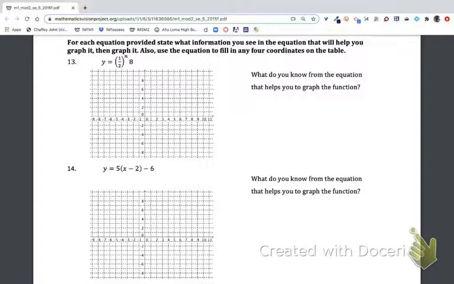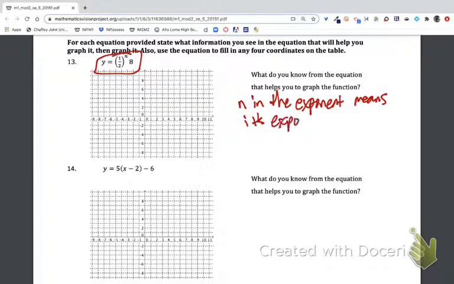For number 13 and 14, it's the ability to analyze what you see. And what I see for number 13 is that I have an n in the exponent, means it's exponential. Okay. Then I know that if I can create a table, so this is actually n and y.